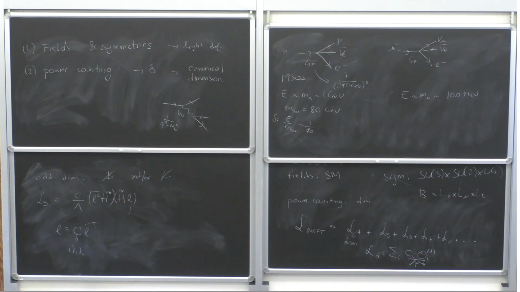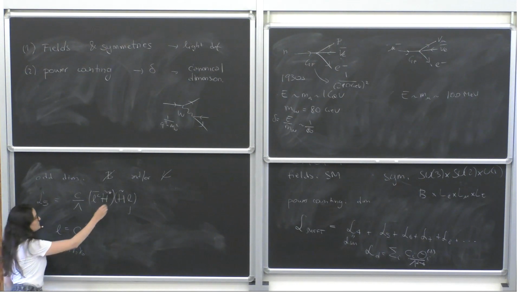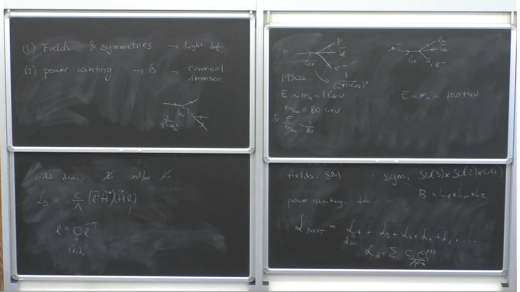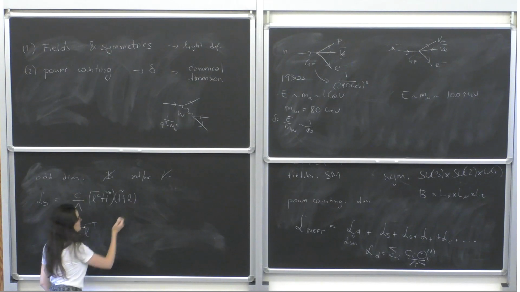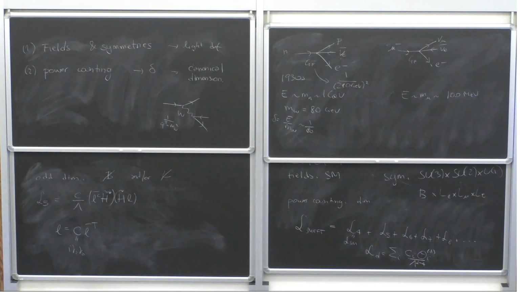So we'll never find a combination with only two fields that is invariant under the hypercharge, and this is what you need to do in order to fix up the SU(2) indices. So it is written in a complicated way. What it does is that it creates Majorana masses for neutrinos. This is sometimes called the Weinberg operator.